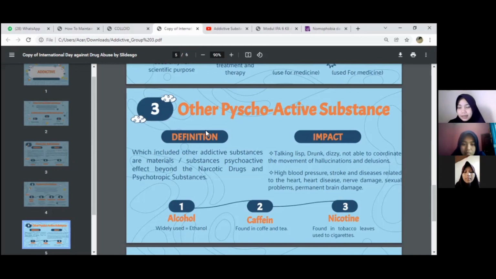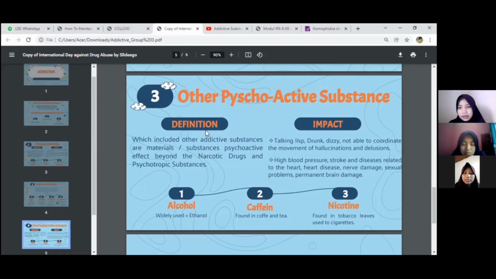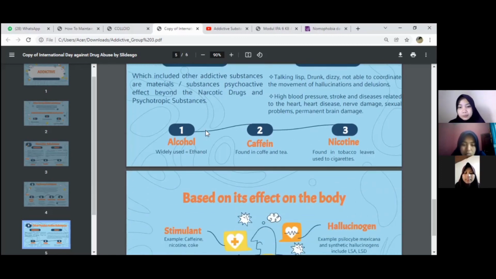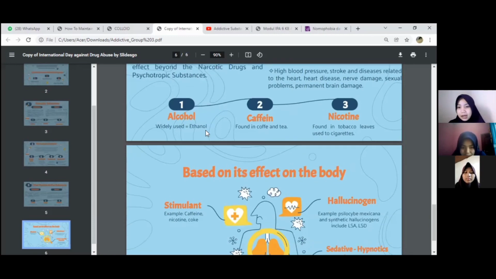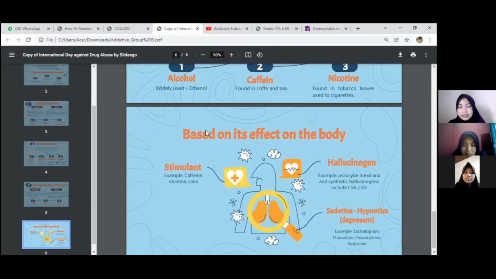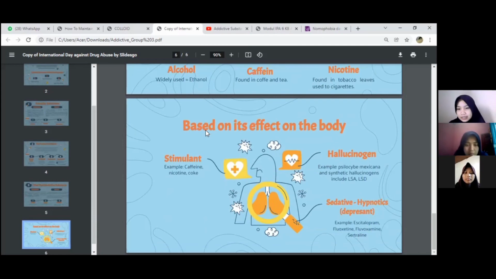Other psychoactive substances are divided into three groups. The first one is alcohol, widely used, it's ethanol. The second group is caffeine, found in coffee and tea, and the third one is nicotine, found in tobacco leaves used for cigarettes.